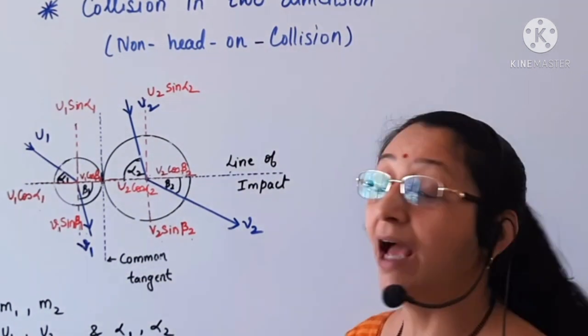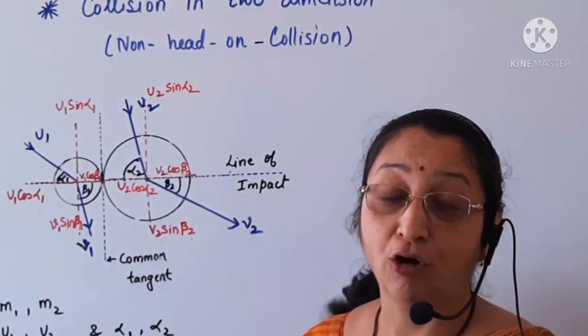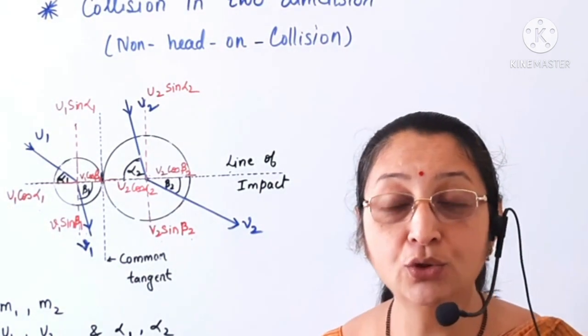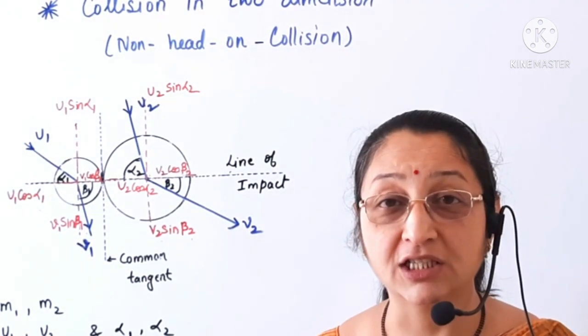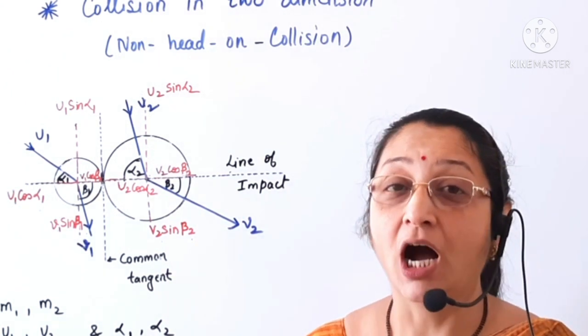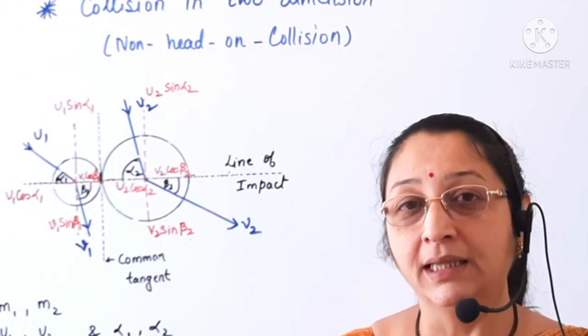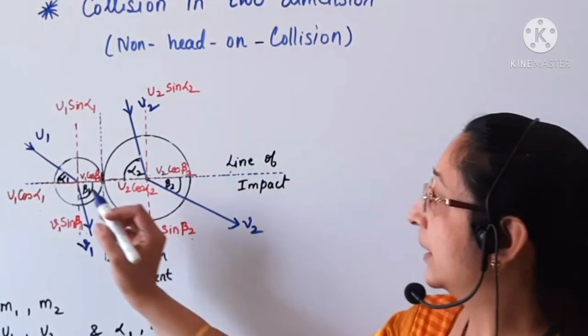In this way, we have separated the initial velocities u1 and u2 and the final velocities v1 and v2, which are in two dimensions. So we have separated their dimensions.